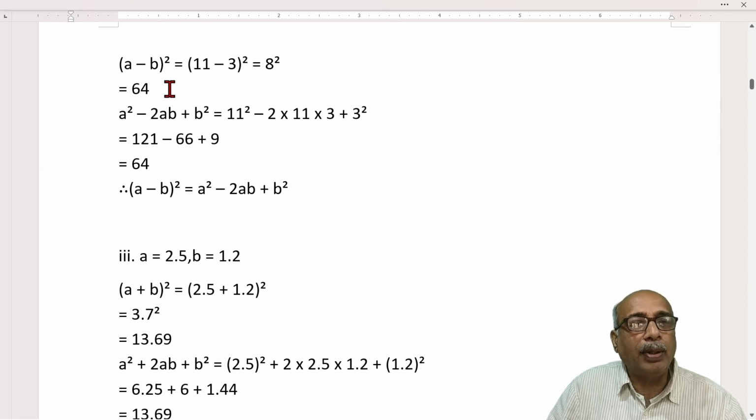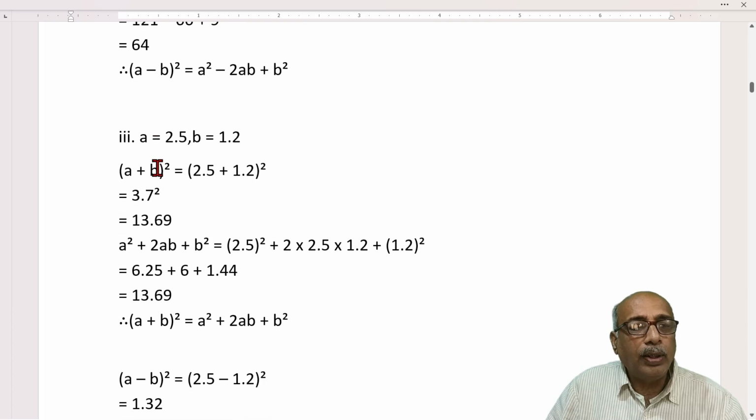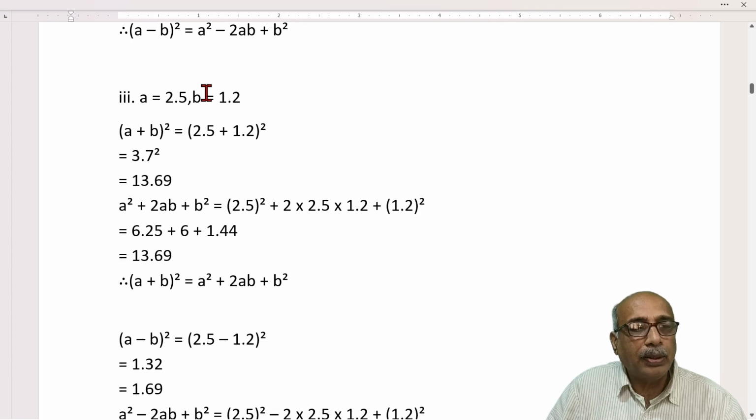Verify for (a minus b) whole square also. (11 minus 3) square equals 8 square, equals 64. a square minus twice ab plus b square. Again substitute the value of a as 11 and b as 3. Calculate and simplify. You will get 64. Therefore, (a minus b) whole square equals a square minus twice ab plus b square.